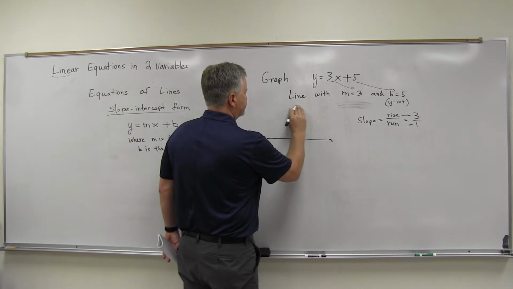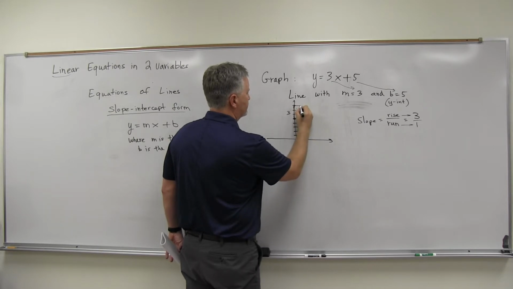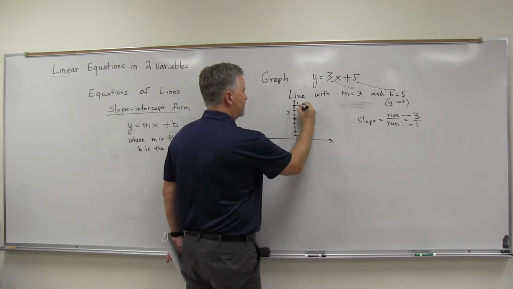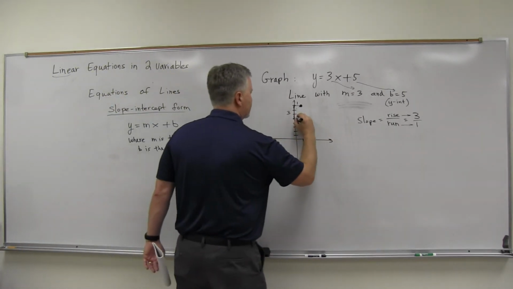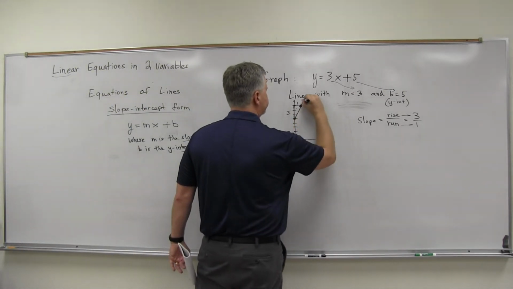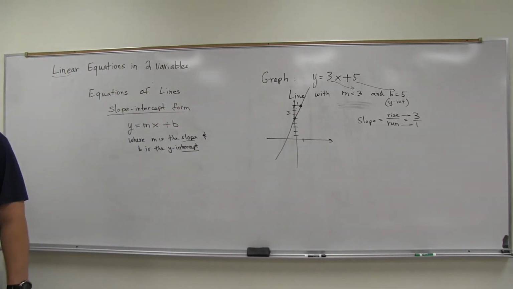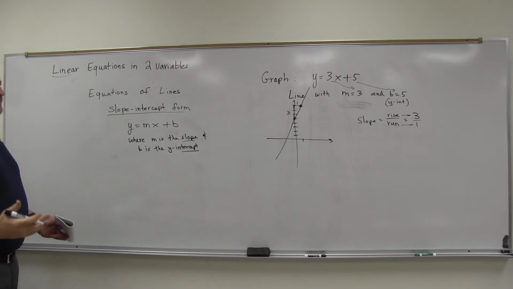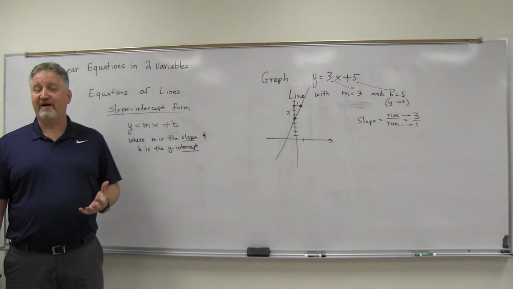So let's do that. I'm going to rise 3 and then run 1. And that puts me at another point. 2 points determine a line, so I know the line. Yes? Okay. It took me a while to go through that because I was talking about it, but that's a pretty quick way to graph lines.